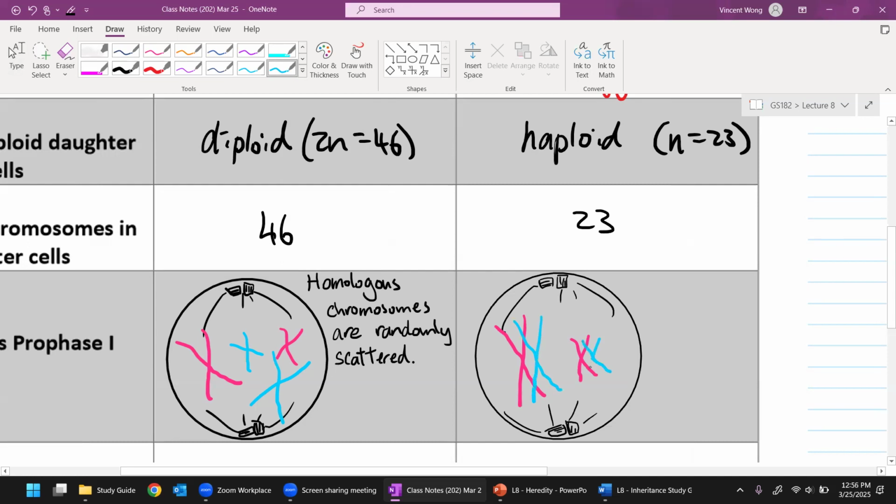And they will pair up like this. I'll write it down first, and then I'll explain more. Homologous chromosomes pair up to form something called a tetrad.